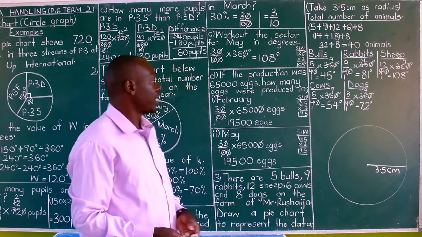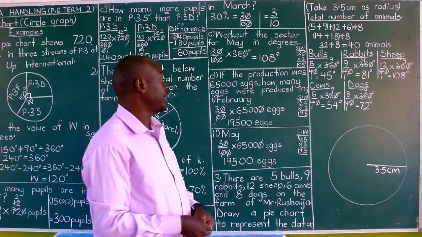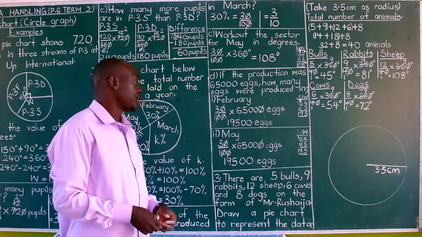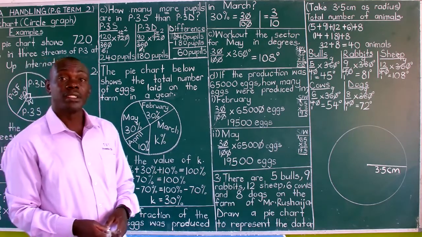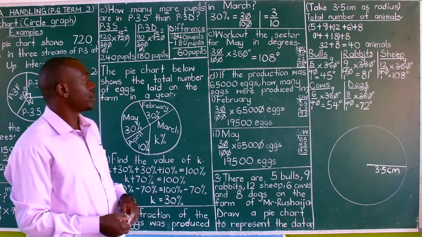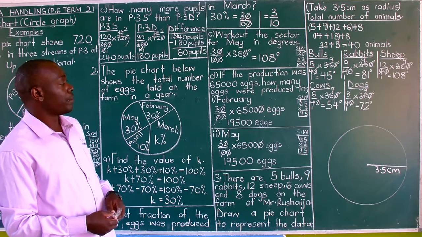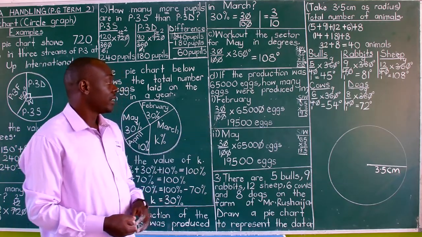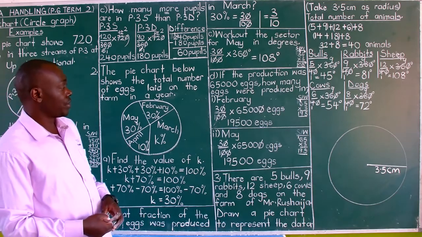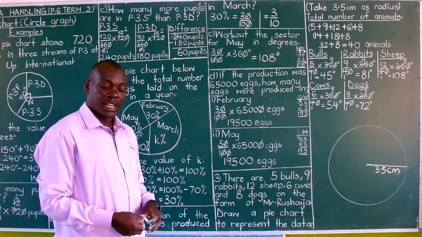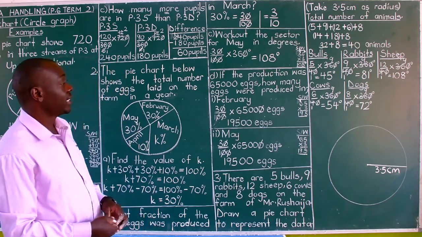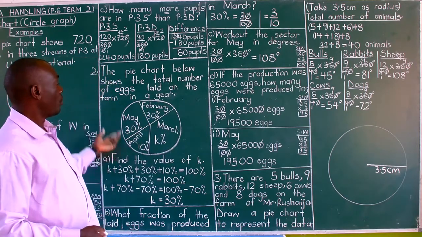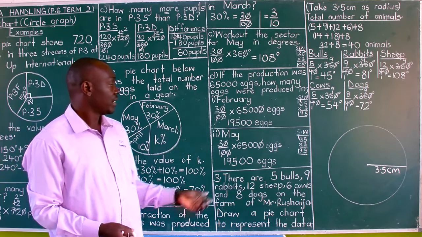You get 195 when you multiply 65 by 3. Remember what our zeros kept here. Bring those 2 zeros, then you get 19,500 eggs that were produced in February. That's the way we find the actual number of eggs produced using the percentage. Get that percentage for that particular month, multiplied by the total production of what the pie chart represents.